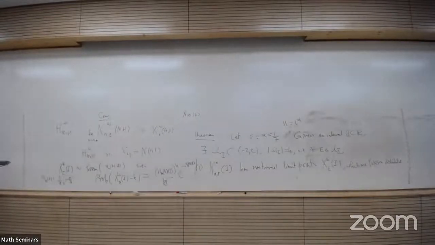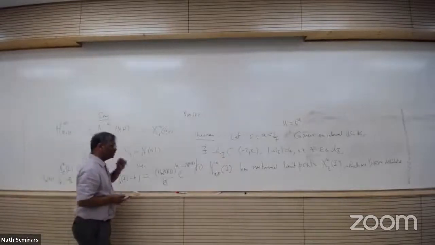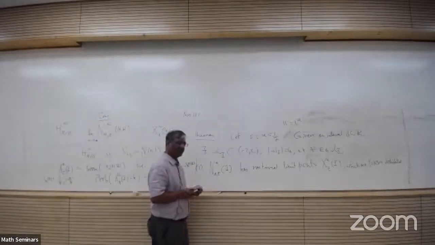So the distribution is given like this. That's what Poisson distribution is. So that's what we've shown.